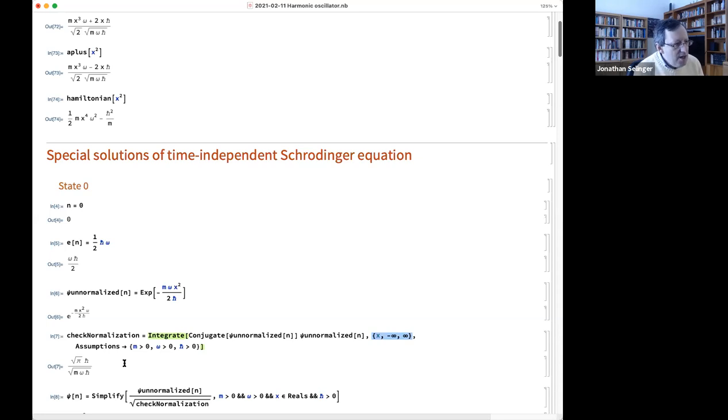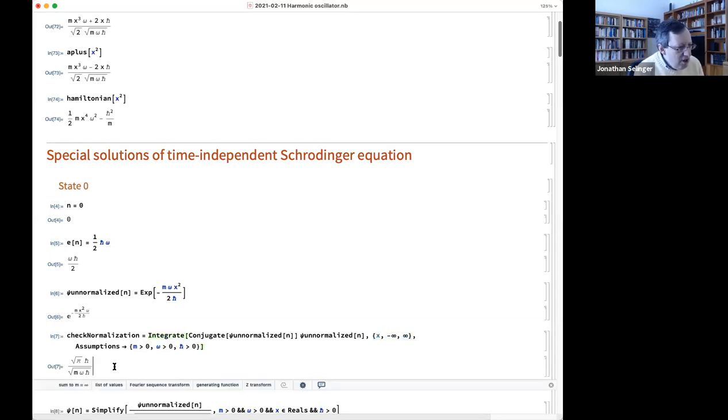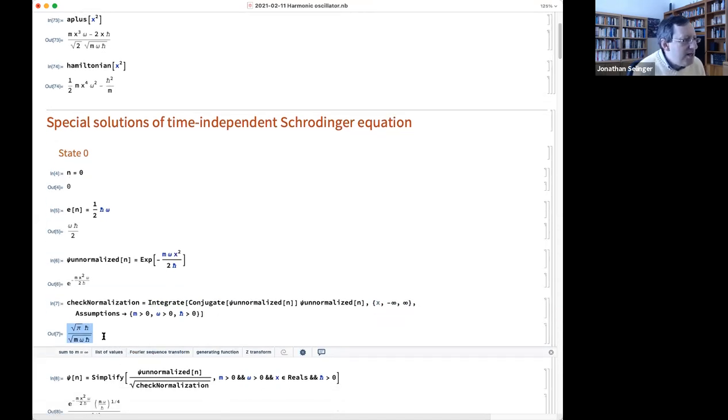That integral gives this constant. Now we want to normalize the wave function so that the integral will be 1. We can achieve that by dividing by the square root of that constant. It's just like you did in the first homework that I sent back to you last night.